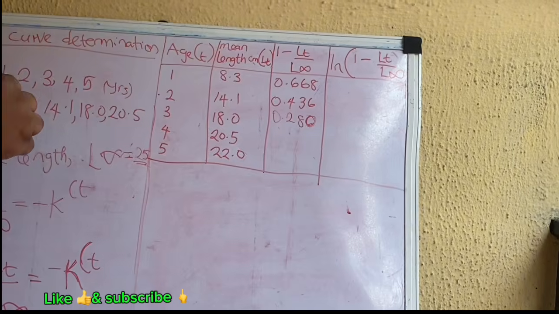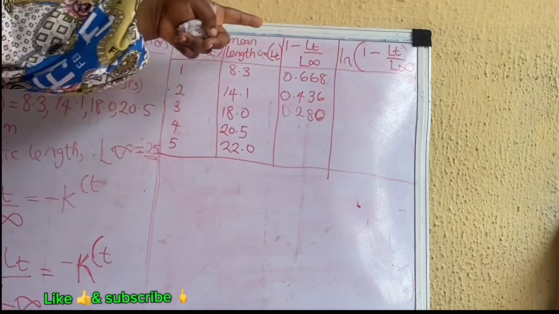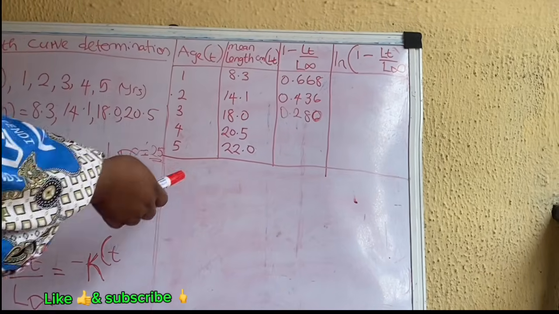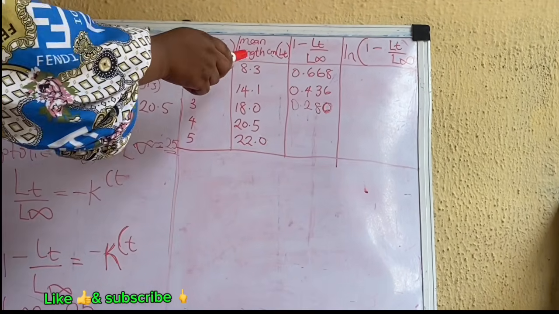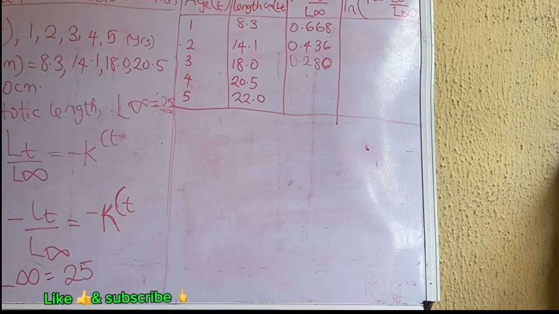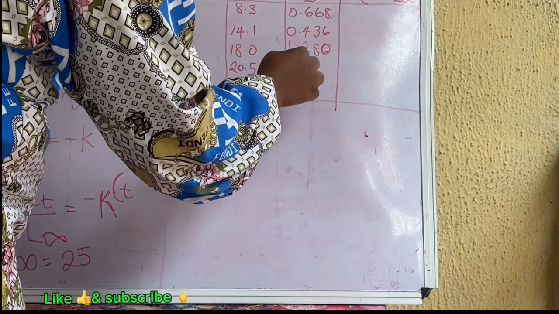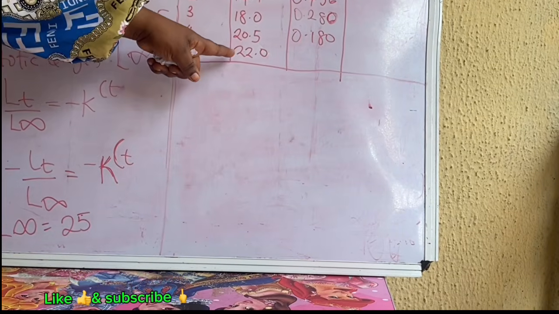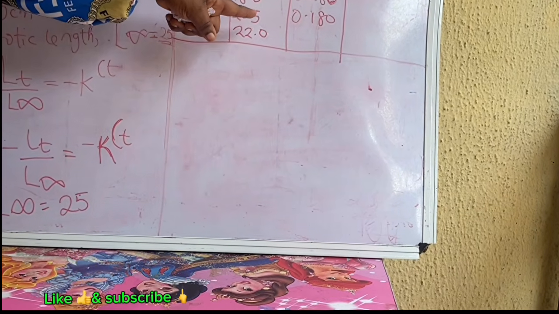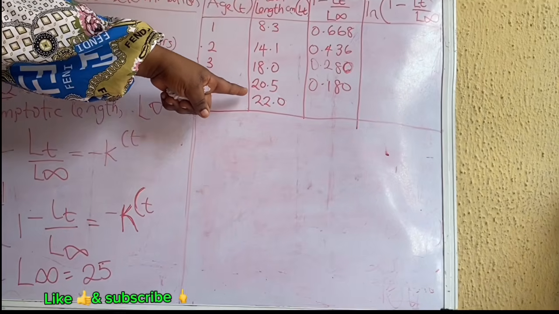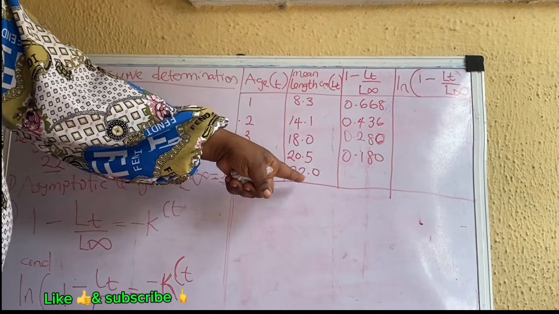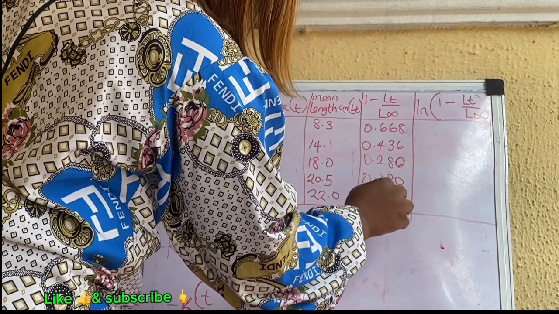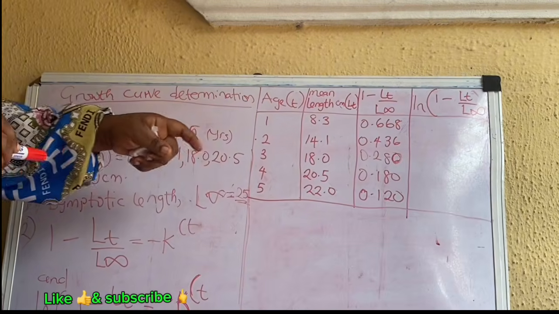The next one, 20.5 divided by 25, then 1 minus the figure gives 0.180. Then 22 divided by 25, then 1 minus that value gives 0.120.